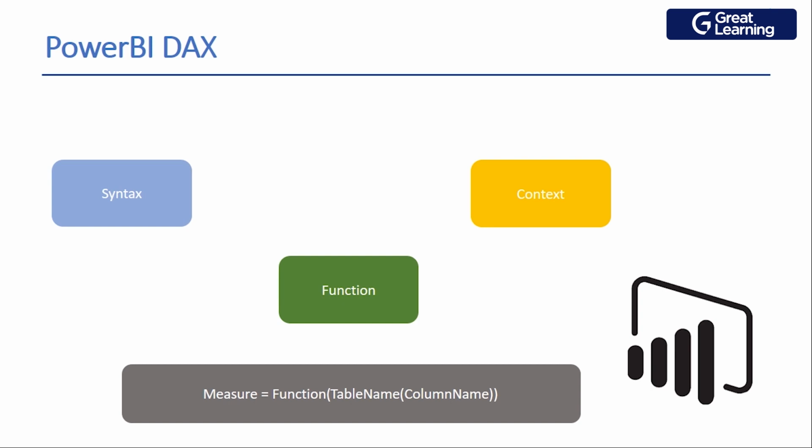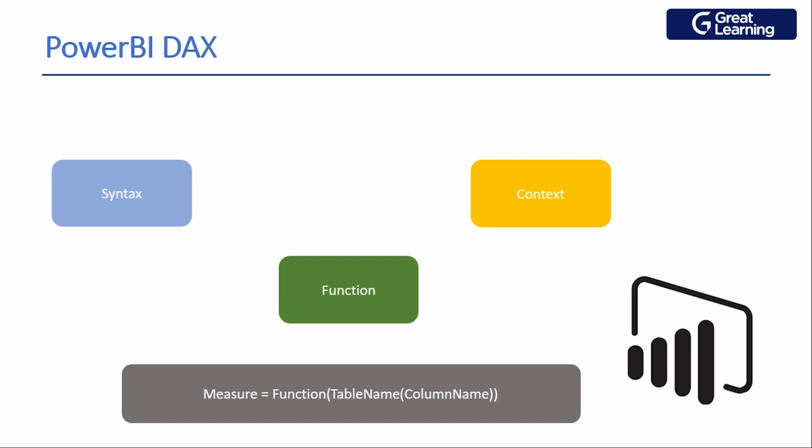Just like in programming, we have syntax that is used to convey a particular action. Similarly, in Power BI, we are talking about mathematical calculations and aggregations, and for that you'd need some grammar, some syntax. This is what the syntax component of Power BI gives you. Next, you have context.